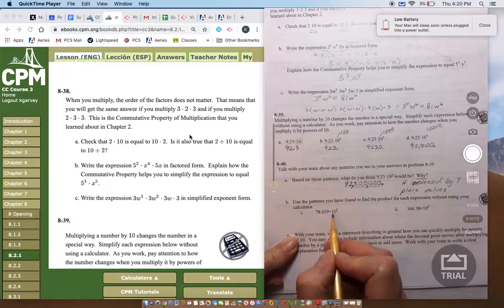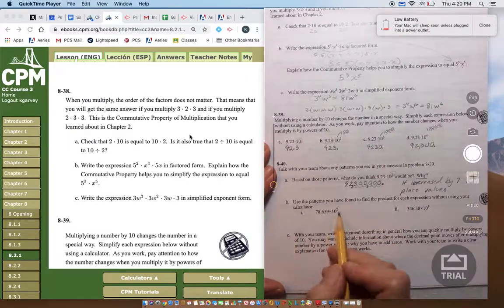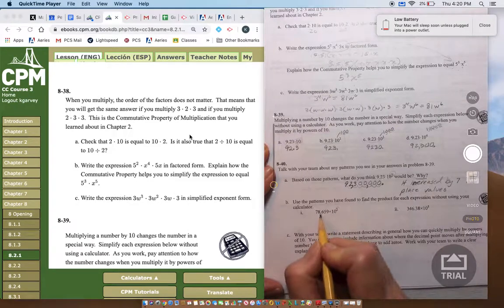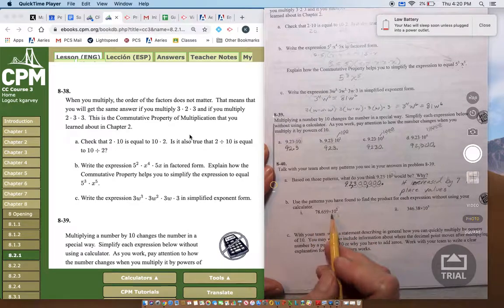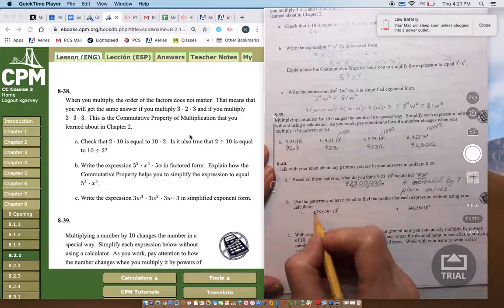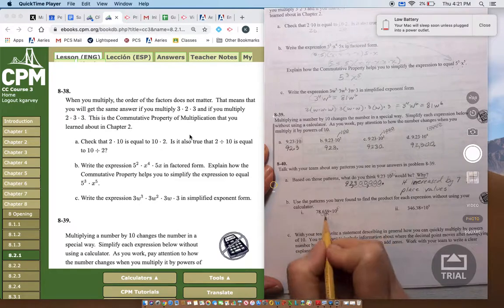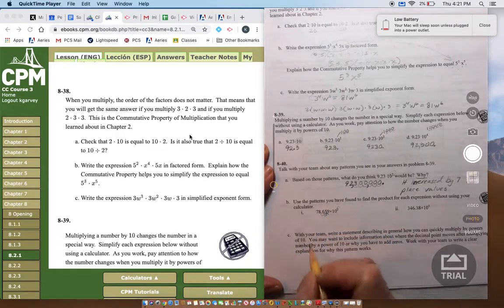So we notice that this is 10 to the second power. So that 2 we know means that we're going to be looking at 2 place values. If the decimal point is here now and we're multiplying it to increase it, we know that the decimal is going to have to go back so that the number that we have in the end is a bigger number than 78. If we move this back 2 spaces, it'll end up between the 5 and the 9.